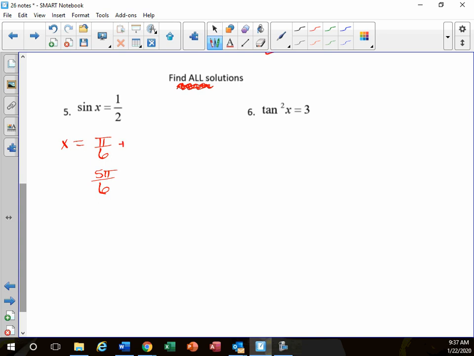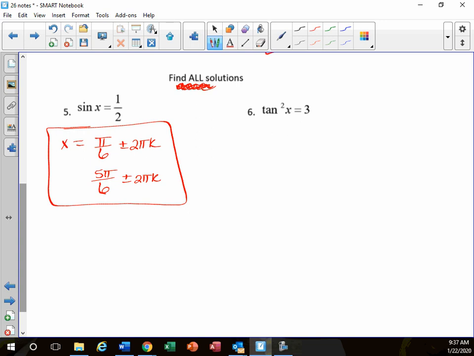So I'm going to say plus or minus 2 pi k. The k is telling me that I can go around 1 time, 2 times, 3 times, 78 times. It's all of them, okay? So all you do is answer it the normal way, and then at the end say plus or minus 2 pi k.